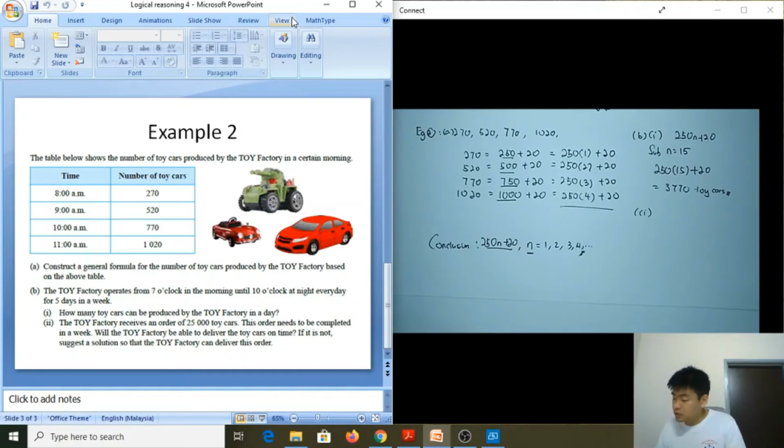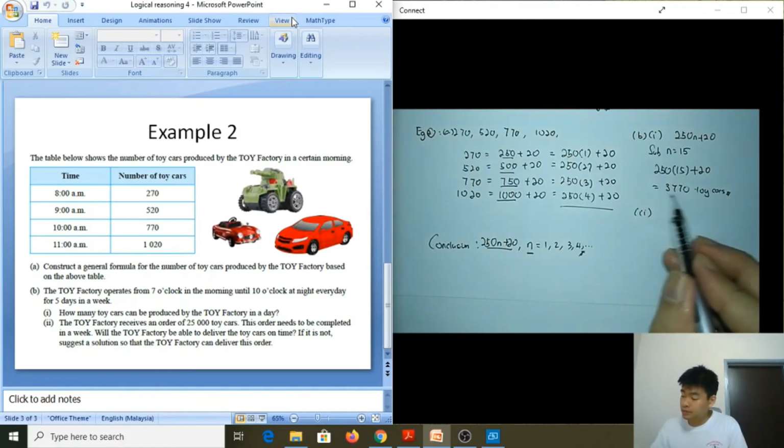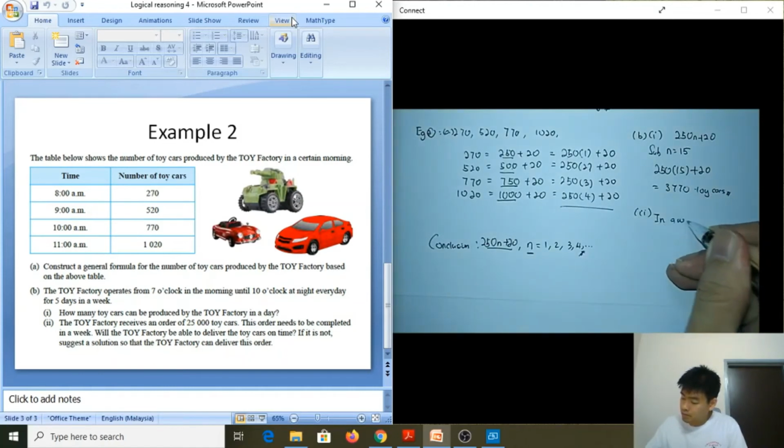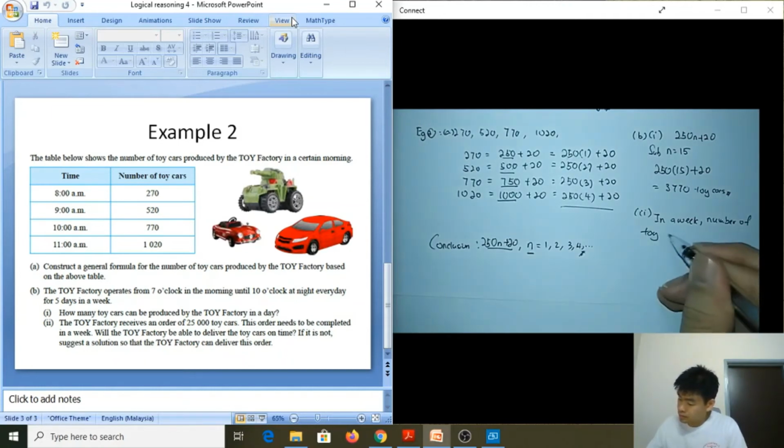First, let's try to find out in a week how many toy cars can be produced. Alright, so I know that in a day, 3,770 toy cars can be produced. So in a week, how many toy cars can be produced? In a week, the number of toy cars produced is what?